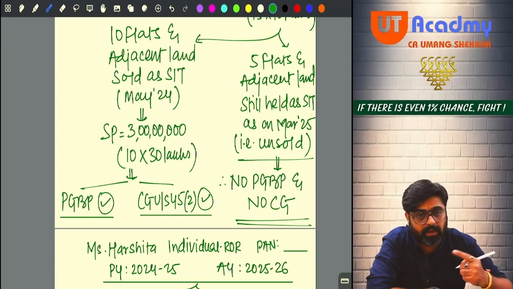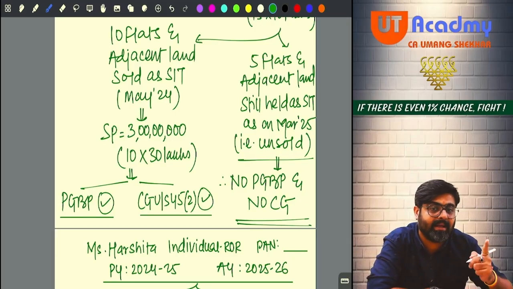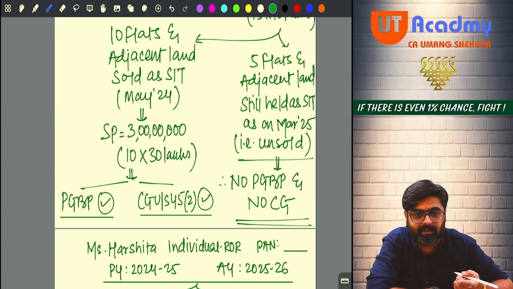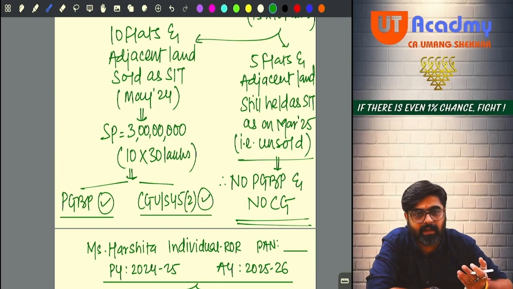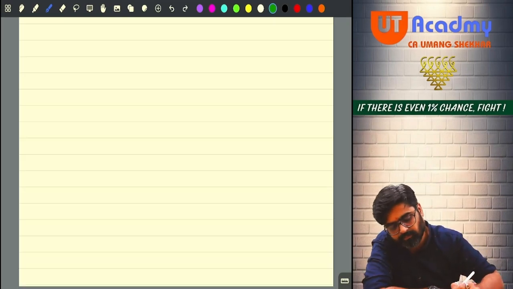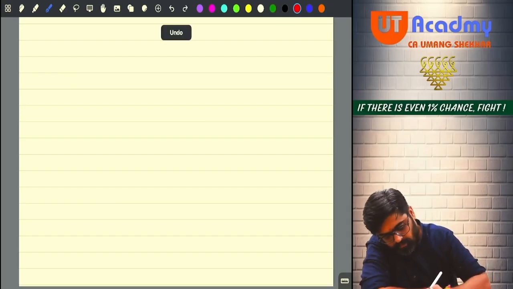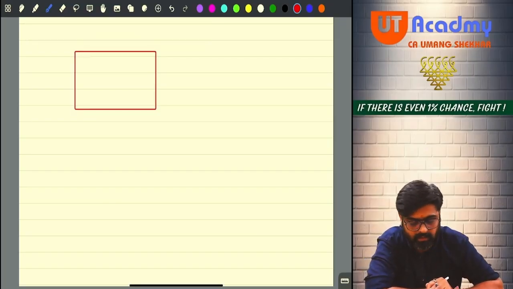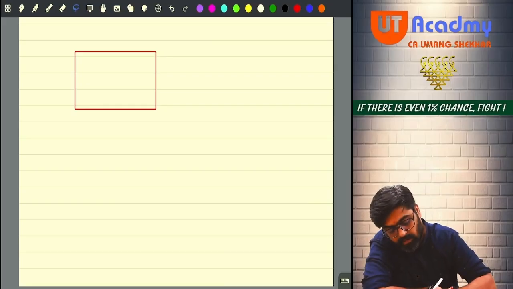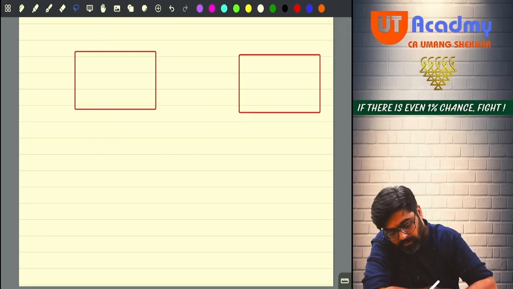And 10 flats are sold, meaning that 10 flats along with that land are sold. Entire land is not sold, only the 10 by 15. Only to that extent the land is sold. Because entire land is occupied by 15 flats. If I say this was your land, on that 15 flats got constructed, this land you acquired as a capital asset.